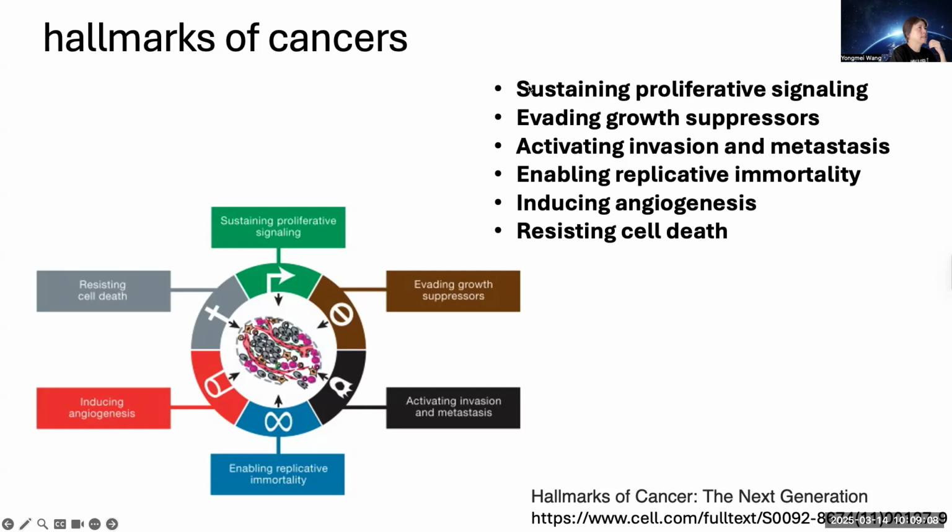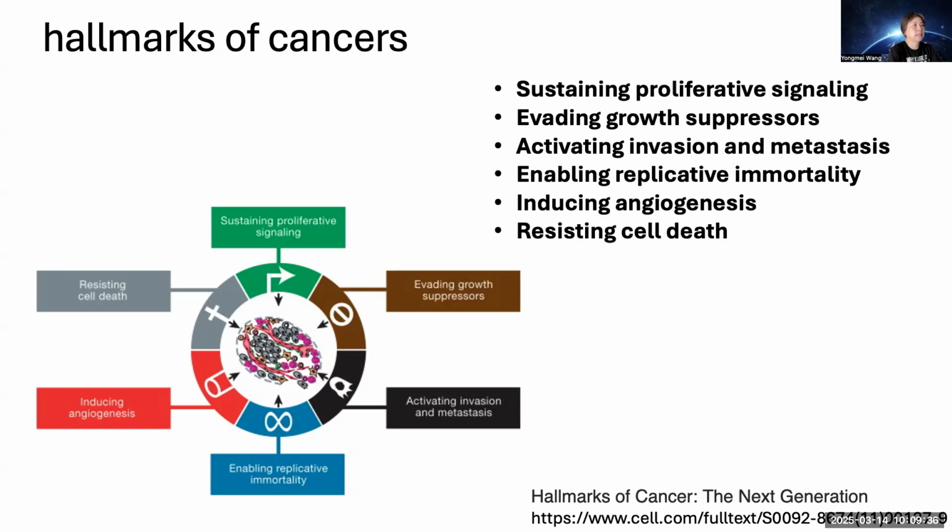First of all, the cancer is able to sustain proliferative signaling and evade growth suppressors. The growth is out of control, and they're activating invasion and metastasis. And then they enable replicative immortality. So in some sense, cancer cells live on forever. They don't die. That's the problem.